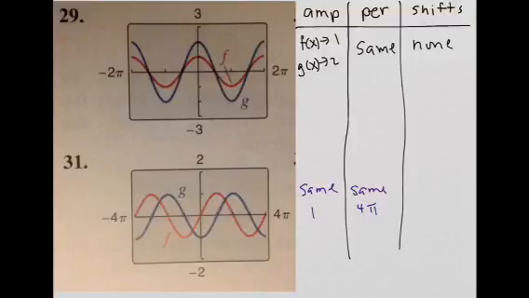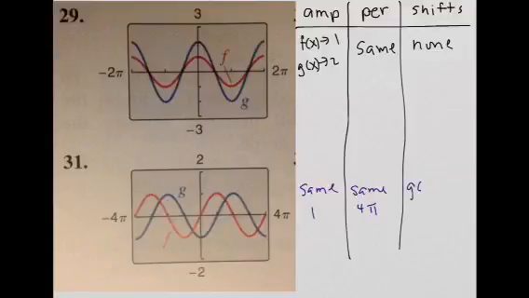Now shifting. It looks like g of x is shifted to the right or the left, but I'll just say to the right. So there is a shift, the blue graph is shifted to the right pi units.